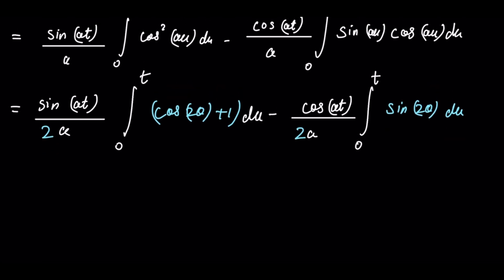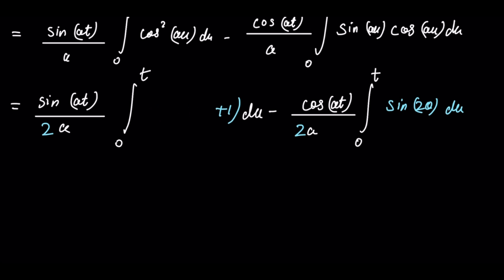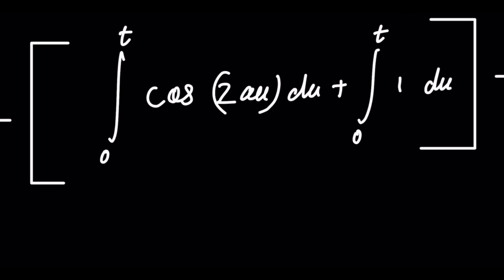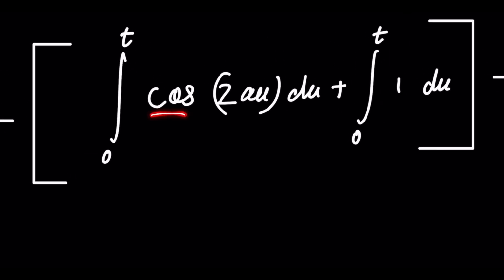We can see that the value of theta is au. So instead of writing theta, I'll be writing 2au here. And instead of writing sine 2 theta, I'll be writing sine 2au. Now, we know that the integration of cos 2au goes like this. This is the operator.